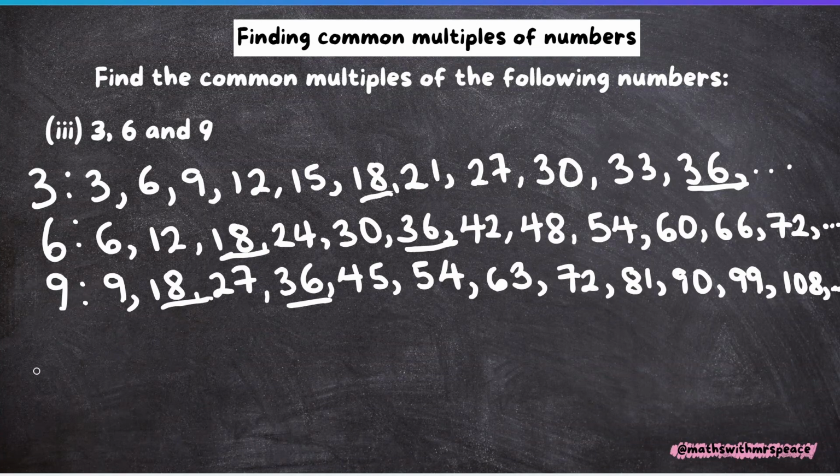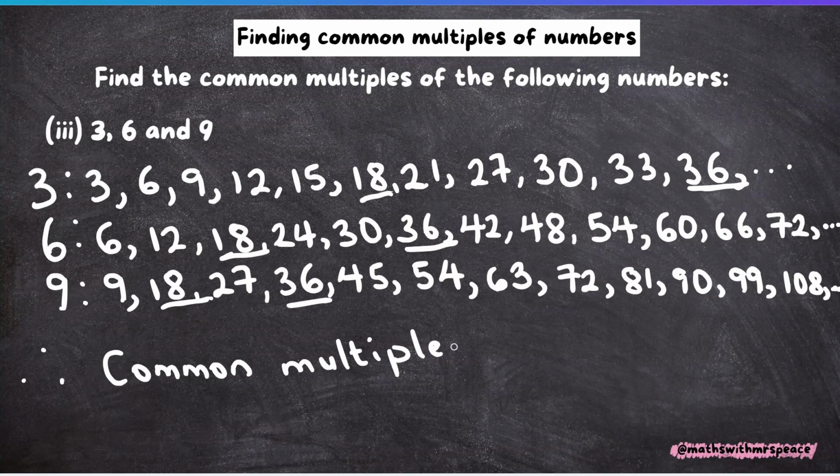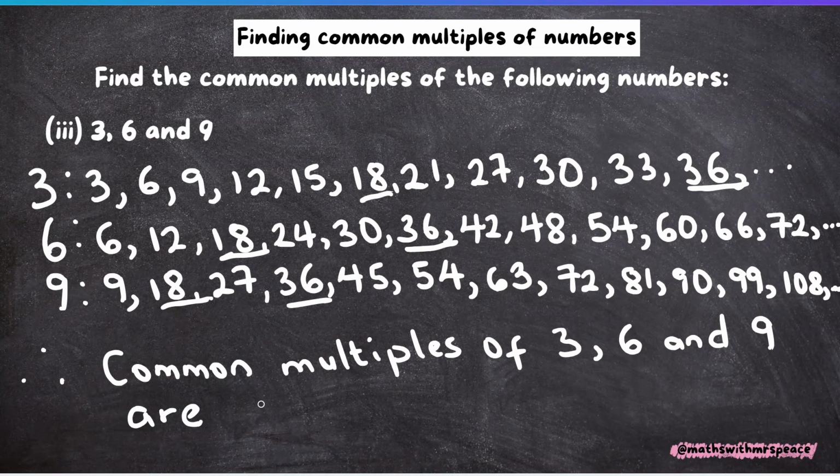We're going to say, so therefore, the common multiples of 3, 6, and 9 are 18, 36.